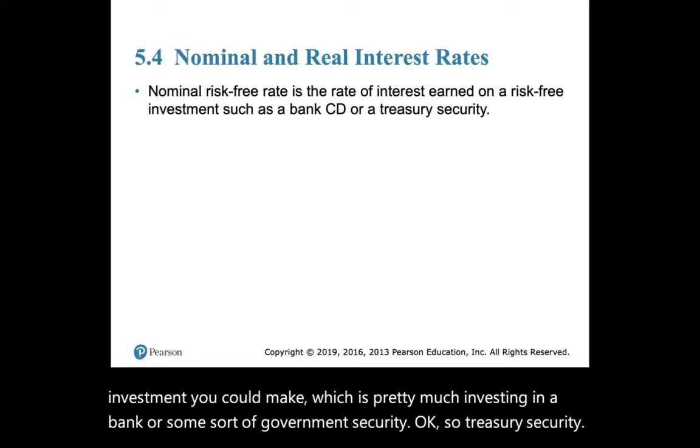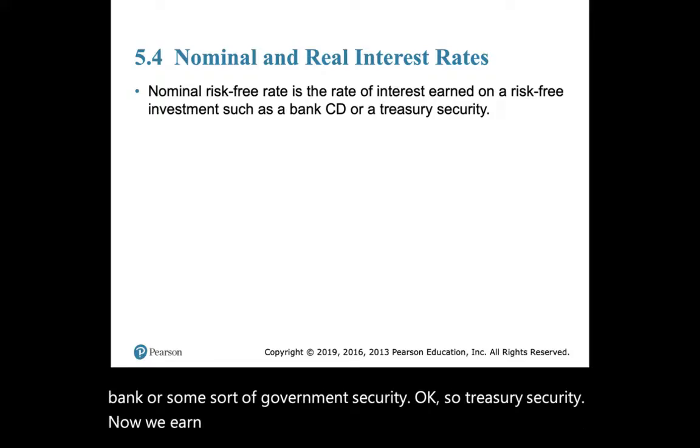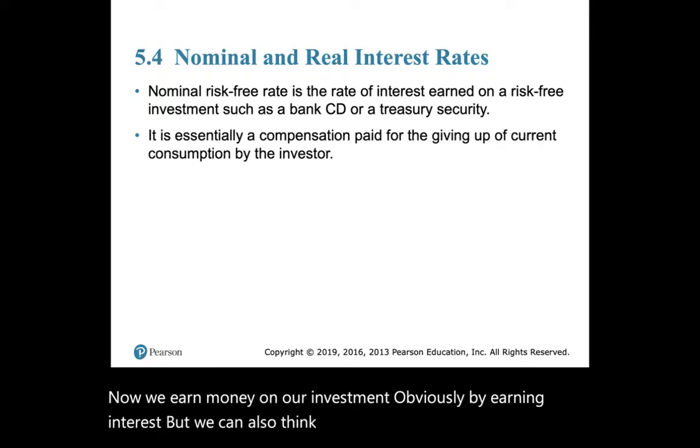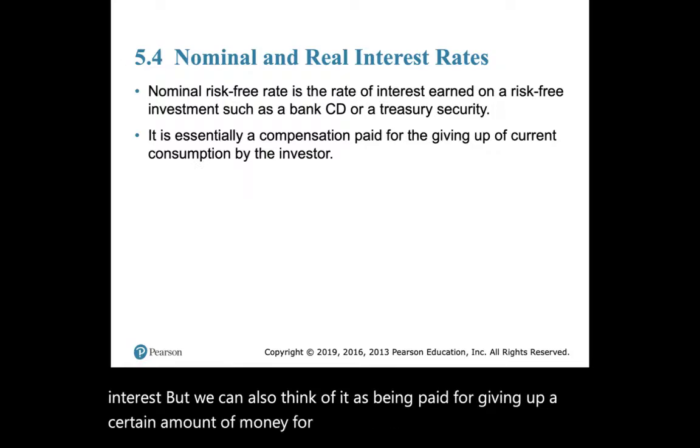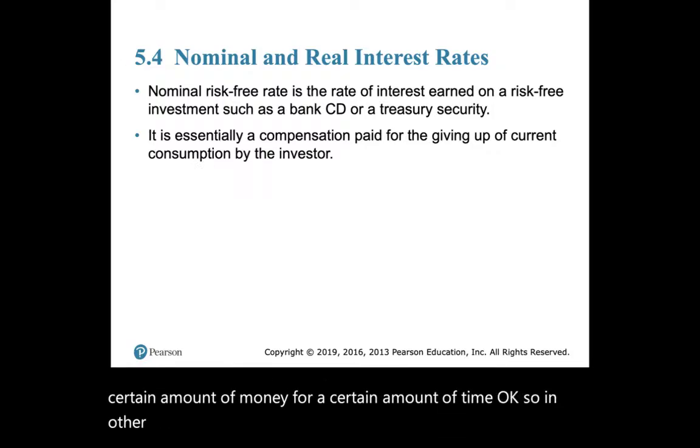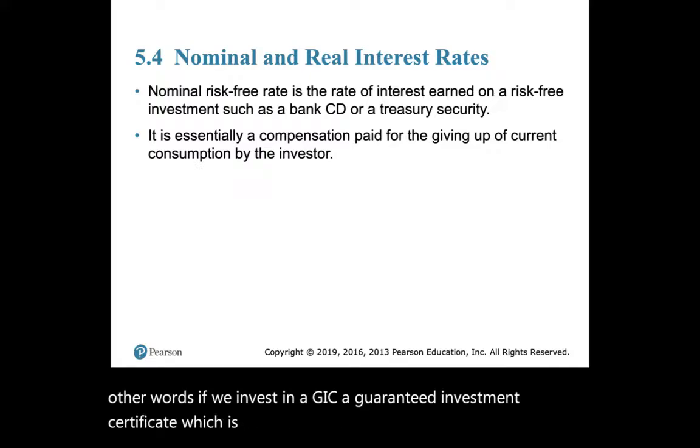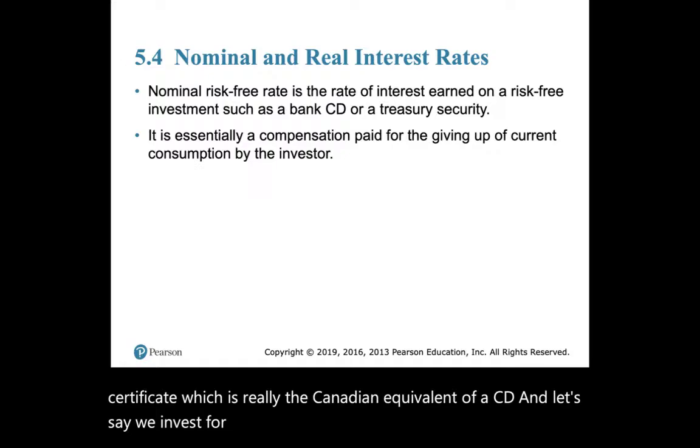Now, we earn money on our investment by earning interest, but we can also think of it as being paid for giving up a certain amount of money for a certain amount of time. So in other words, if we invest in a GIC, a guaranteed investment certificate, which is the Canadian equivalent of a CD, and let's say we invest for a year, we're giving up that money for a year. So that's why we're getting compensated.